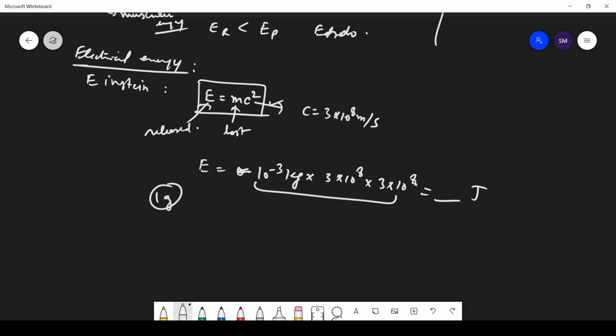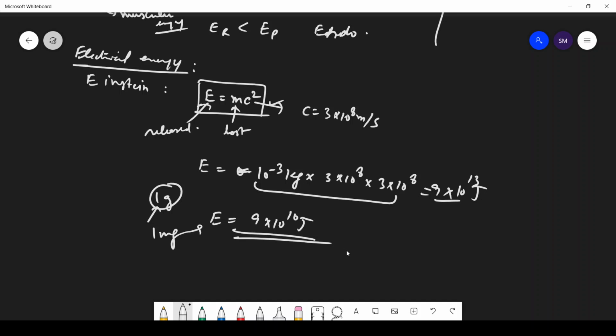So this is 10 to the power minus 3 times 10 to the power 16, that is 9 into 10 to the power 13 joules of energy. And what about 1 milligram? 1 gram is a tiny piece of paper, and 1 milligram is the 1,000th part of a gram. Even that mass can be converted: 1 milligram of mass can be converted into 9 into 10 to the power 10 joules of energy. See how much energy that is. A huge amount.